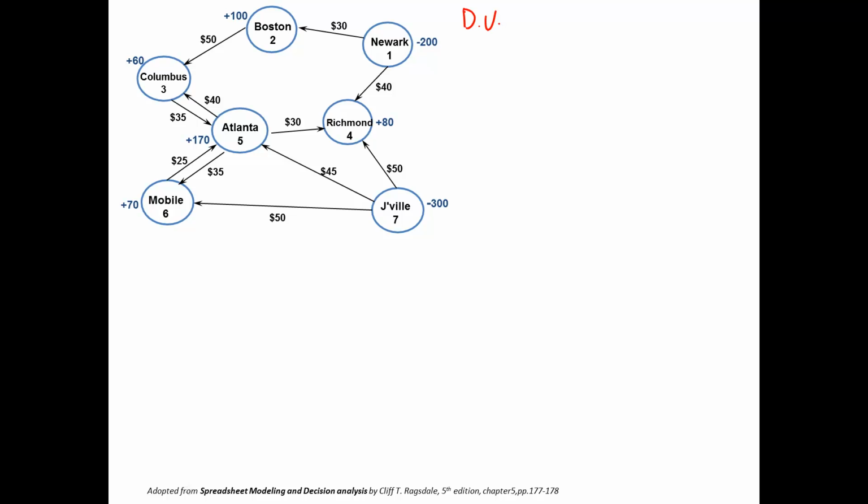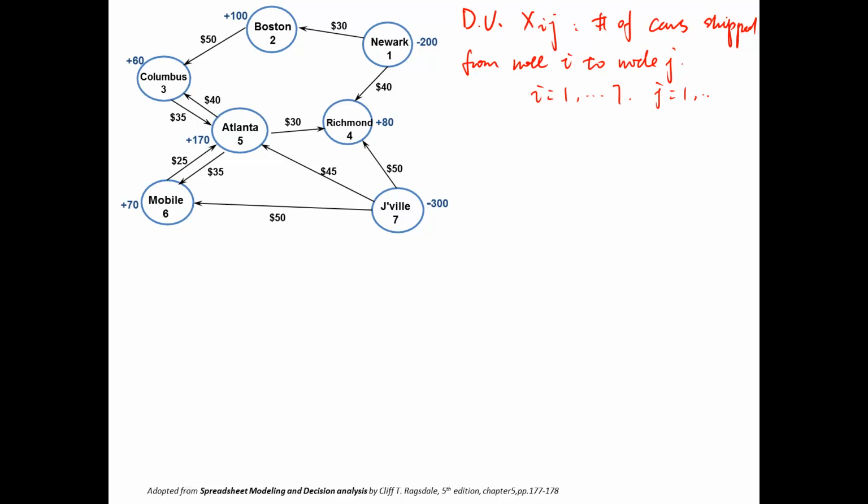So the decision variables are xij, number of cars shipped from node i to node j, and i goes from 1 to 7, j goes from 1 to 7 too. Okay, then our objective function.